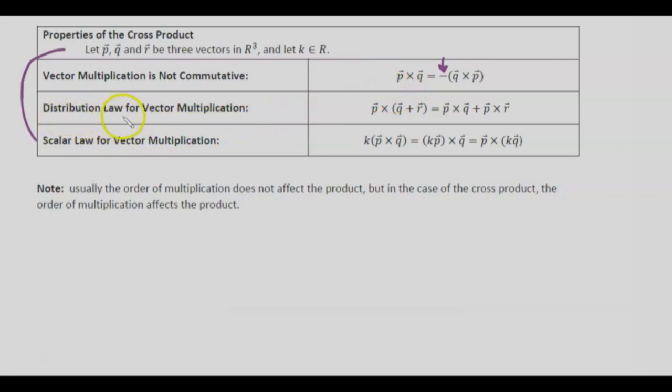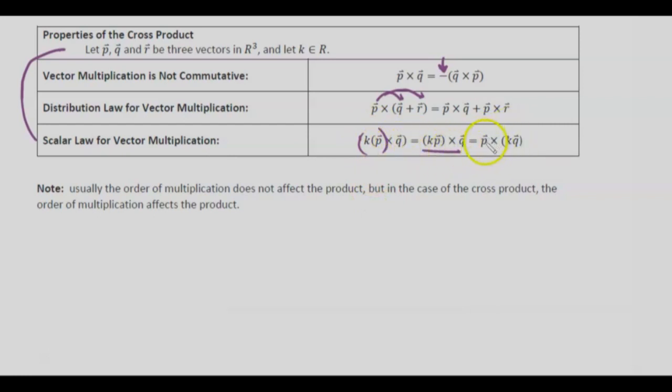Now, distribution law for vector multiplication. If we were to do P cross Q plus R, it holds that it equals P cross Q plus P cross R. That holds. Now, scalar law for vector multiplication. It holds that if we had some scalar k and multiply it by P cross Q, we could also multiply vector P or vector Q by k and then cross it with the remaining vector.